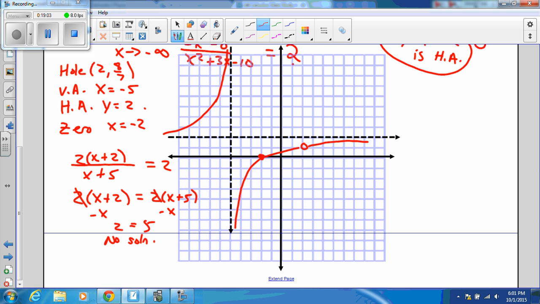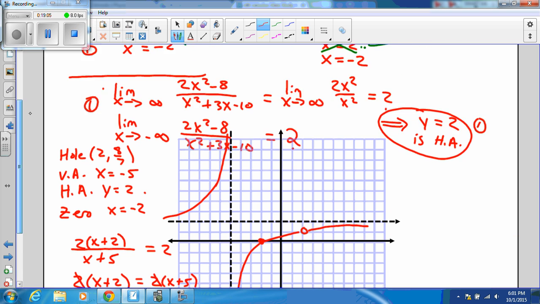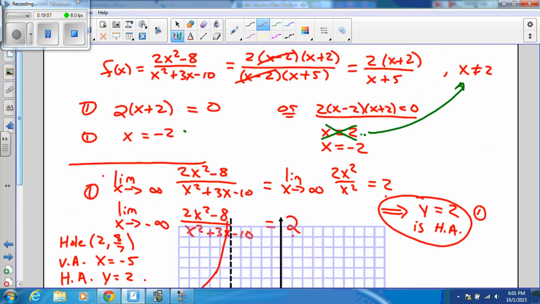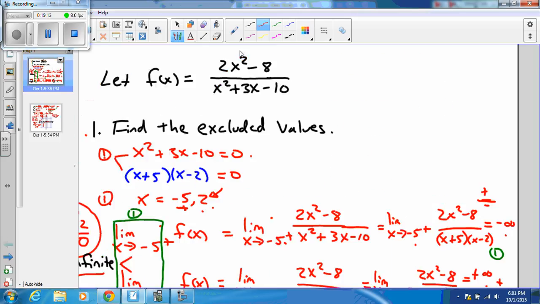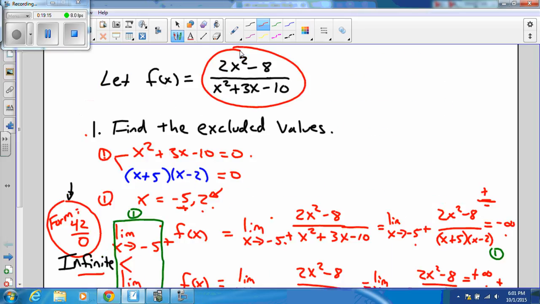When we actually do it, it should take somewhere around 10 minutes. So what I'd like for you to do, if you struggled with this, is to, at this time, turn off the video and go back to the original function f of x equals 2x squared minus 8 over x squared plus 3x minus 10, and walk through the entire analysis process.